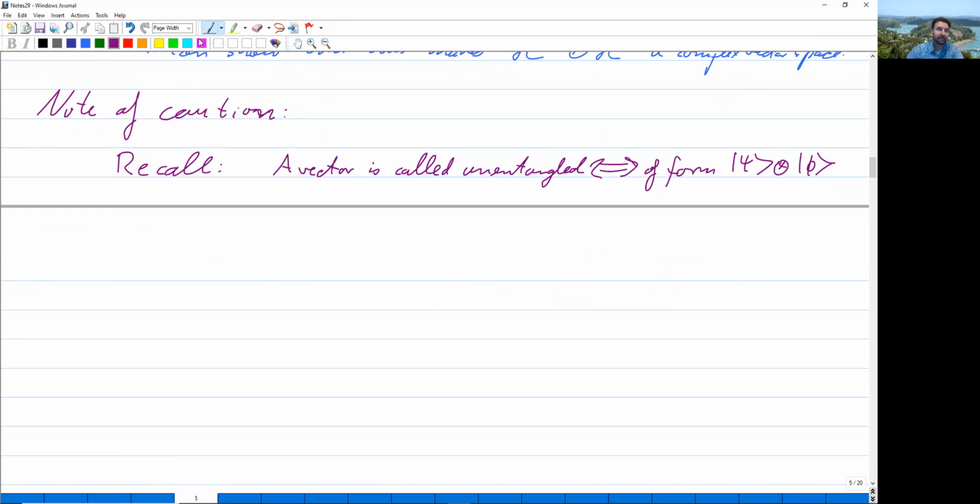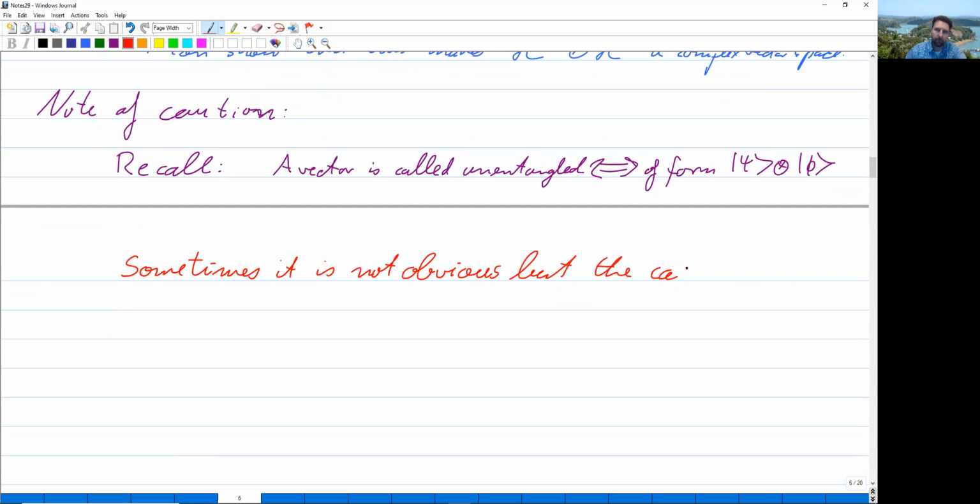Now, why is this non-trivial? Well, sometimes it is not obvious, but the case. You can have states that are unentangled, but they look like they're entangled. For example, let's say we define the vector omega, an element of HAB.